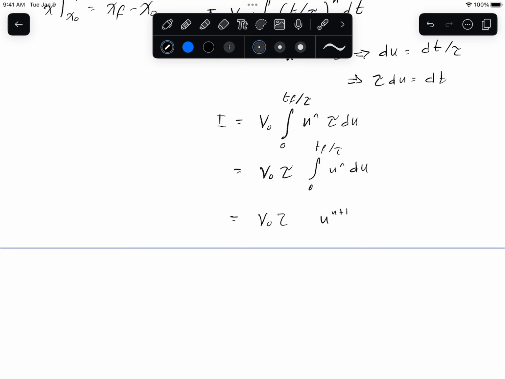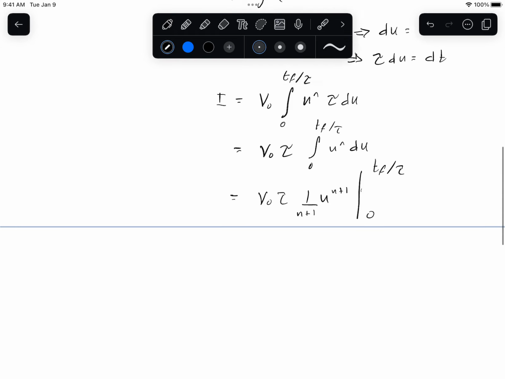But if I take the derivative of u to the n plus 1, I'm going to get a factor of n plus 1 in the front, which I don't really want because there's no factor of n plus 1 here. So what I'm going to have to do is divide by n plus 1. And so this whole thing now is the integral of u to the n, evaluated between 0 and tf over tau.